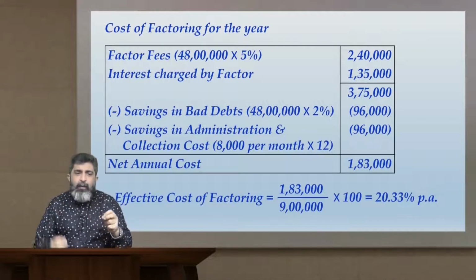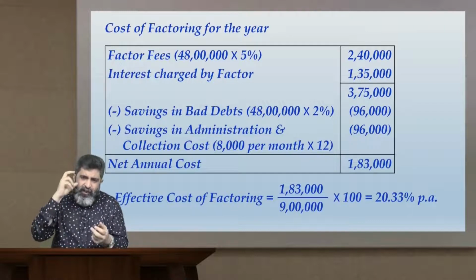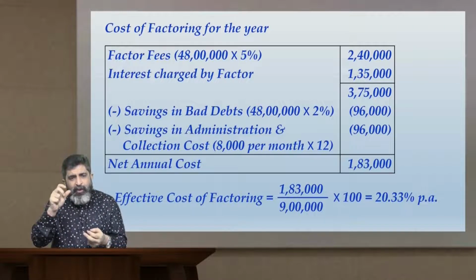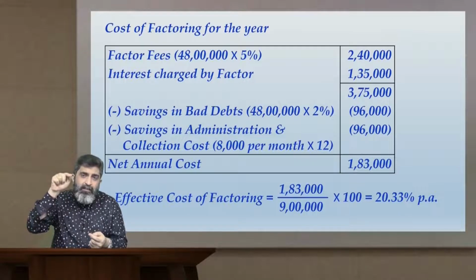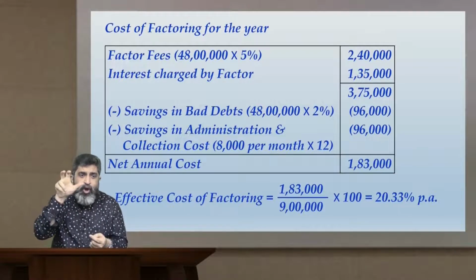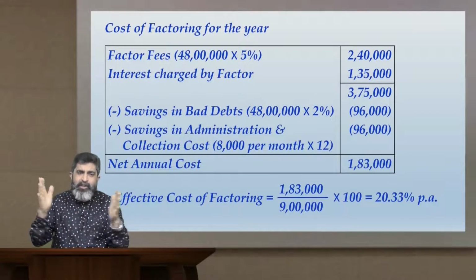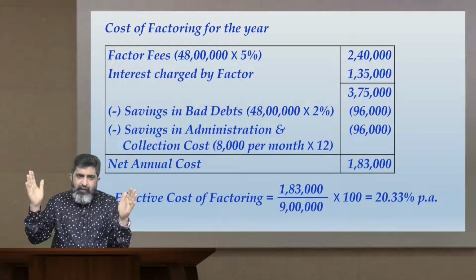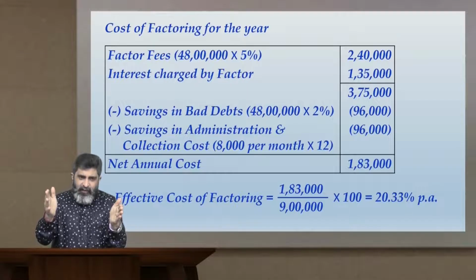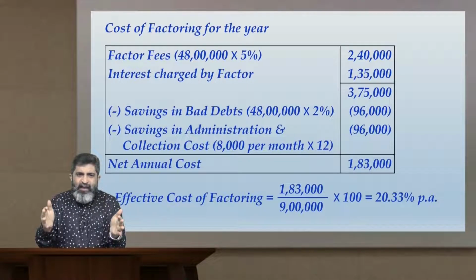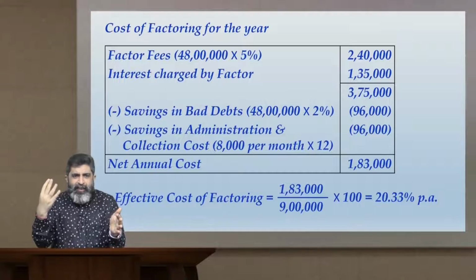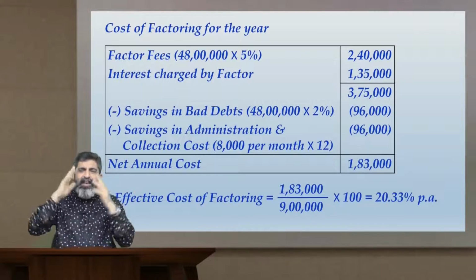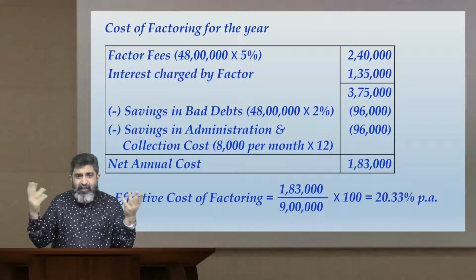Second doubt is about interest: sir, why are we computing interest at 15% per annum on 9 lakhs if it is for the whole year? If it is for the whole year, then why are you considering 9 lakhs of advance? 9 lakhs was the advance in one cycle, so for 4 cycles the advance will be 36 lakhs, 4 times 9 lakhs.